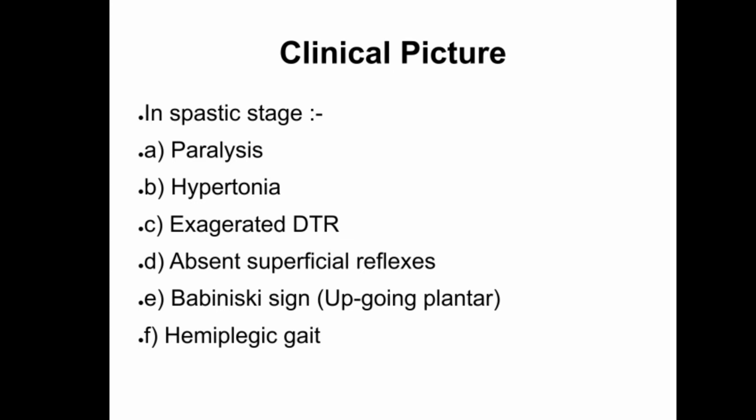So the features, once again: paralysis, hypertonia, hyperreflexia, absent superficial reflexes, classical upgoing plantar, and the gait will be hemiplegic. Again, localization we have already told. Once again, we will come to localization.